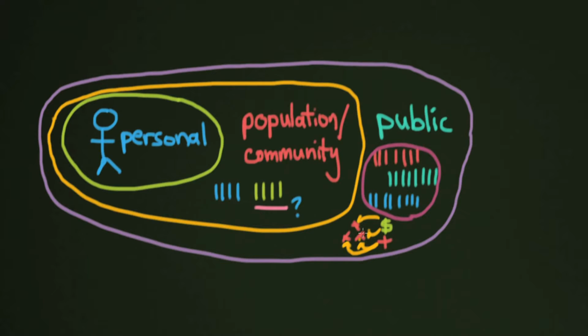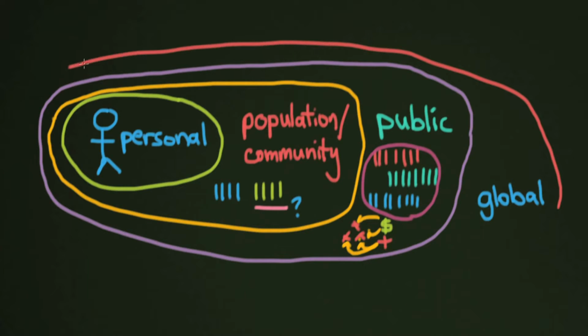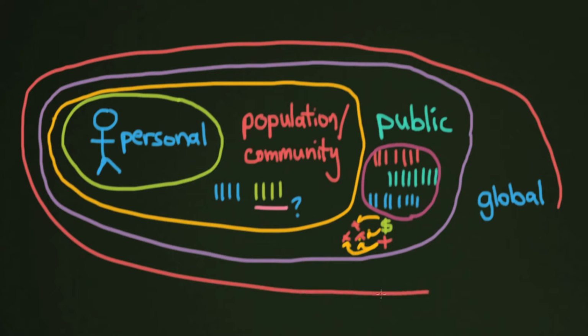So that is what public policy is about. And then global health, which we're talking about in this course. It's really important to understand what global health means. For the purposes of this class, it's basically encapsulating all of this.